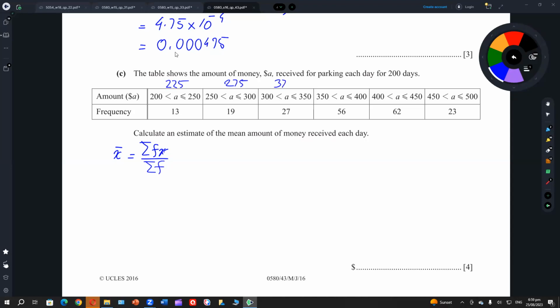What are these numbers I'm writing in blue, 225 to 275? Those are the mid values. Yes, and mid values are used for the mean.